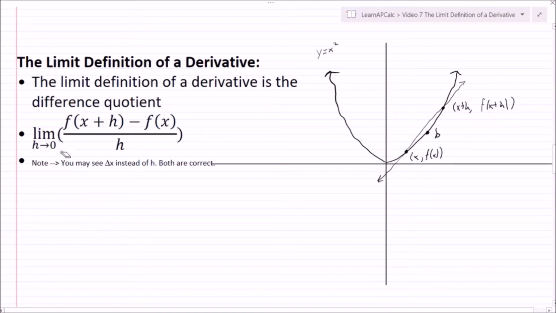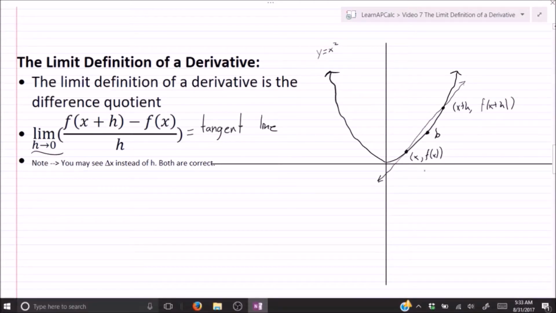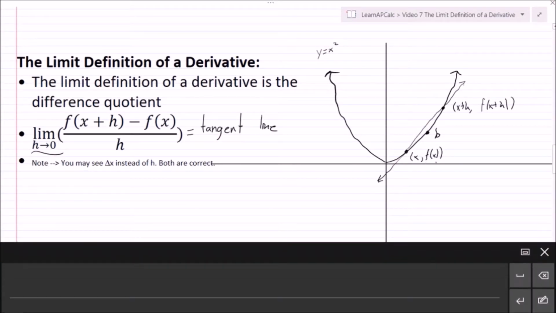So the way I would do that is to take a limit as h goes to 0. Basically saying, as h gets infinitely small but not 0, let's evaluate this limit. And that's going to leave us with a tangent line, or a derivative. So that would leave us with the derivative at this point x comma f of x.